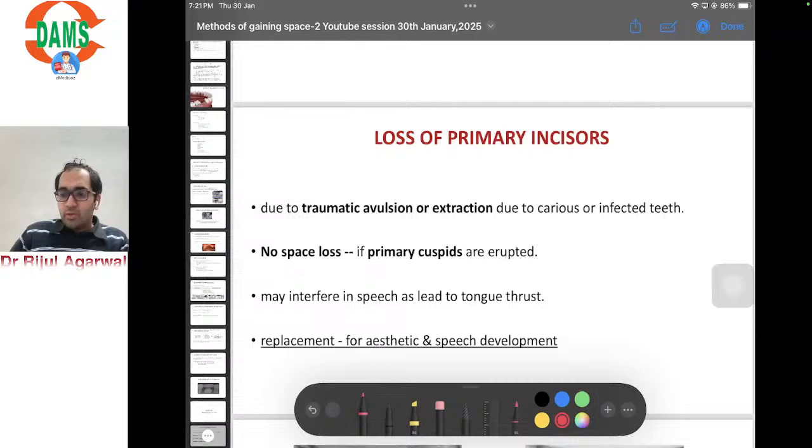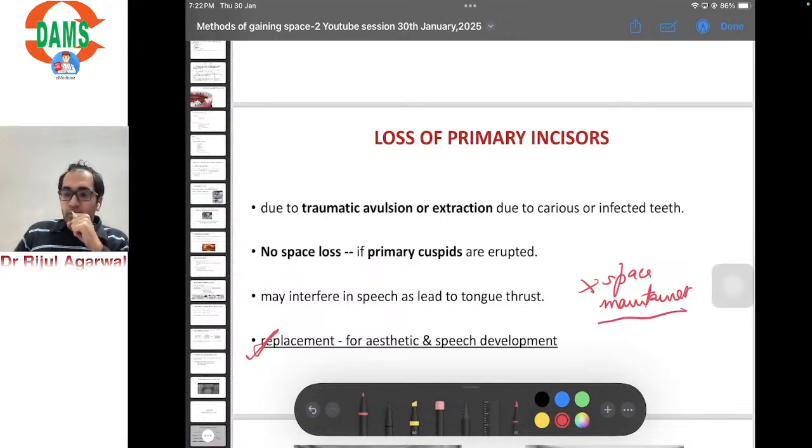As we know from the ugly duckling stage, they have a tendency to erupt first mesially, then get uprighted. So if the primary canines are not erupted, there is a tendency for space loss. If they are already erupted, then there won't be any space loss. So the replacement is only for aesthetics and speech development, and not for space maintenance.